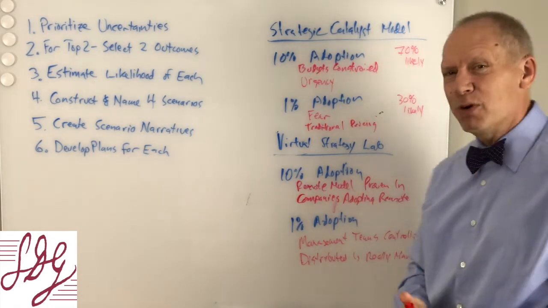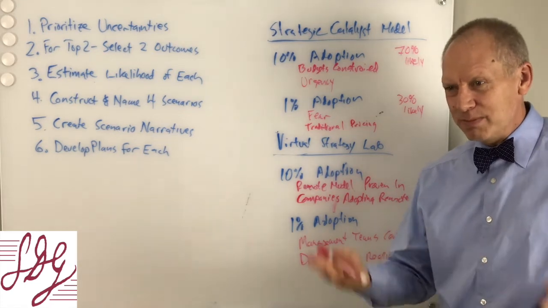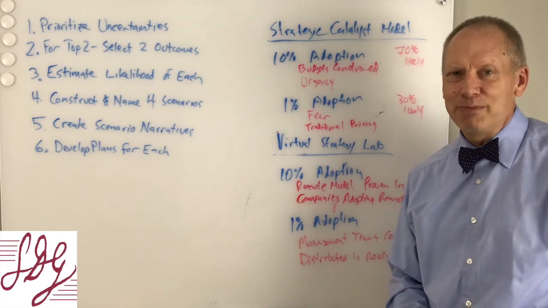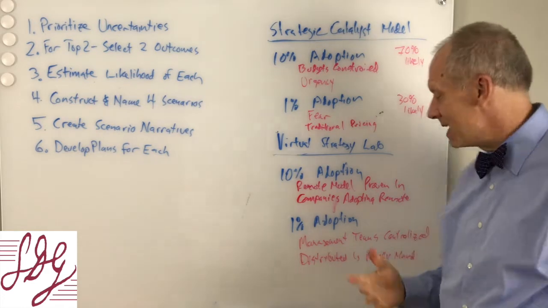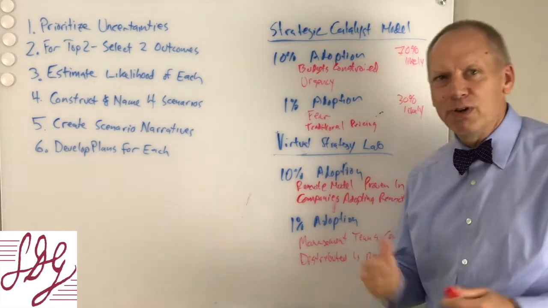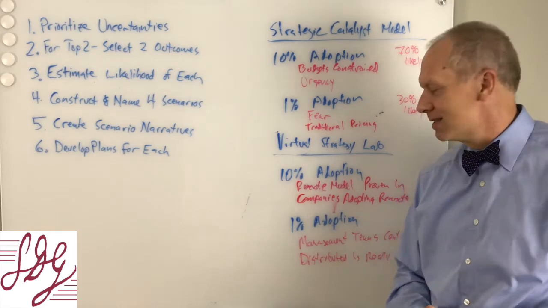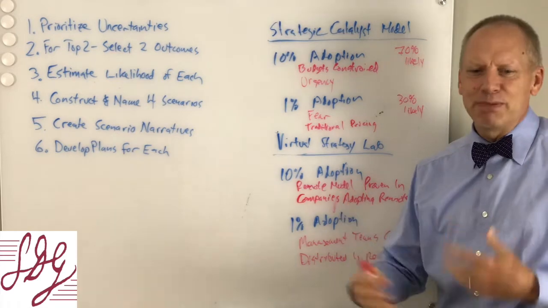Even though people are a lot more comfortable with the tools, to make it work as well as when you've got people in the same room, in the same building, in the same office, it's hard. And so I think there may be some hesitancy to adopting a virtual process for a strategy making process.